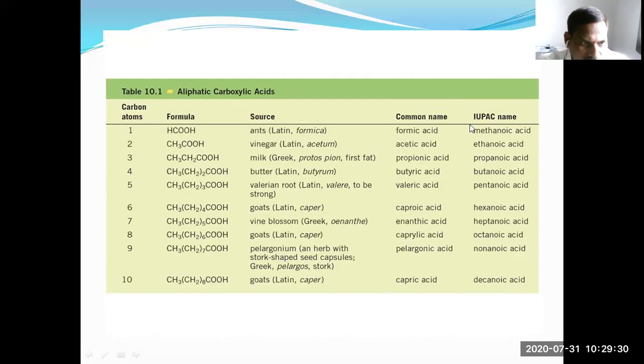These are the carboxylic acids, common names and IUPAC names.